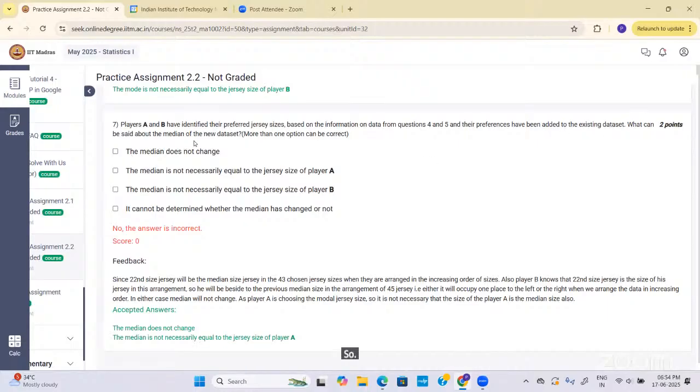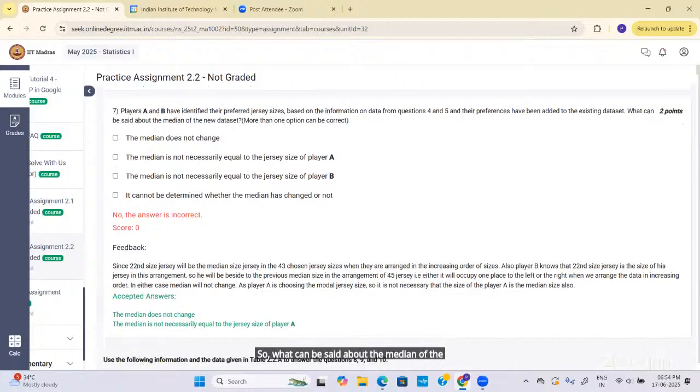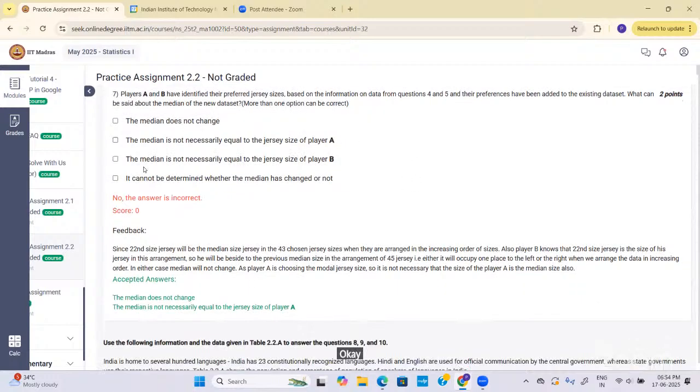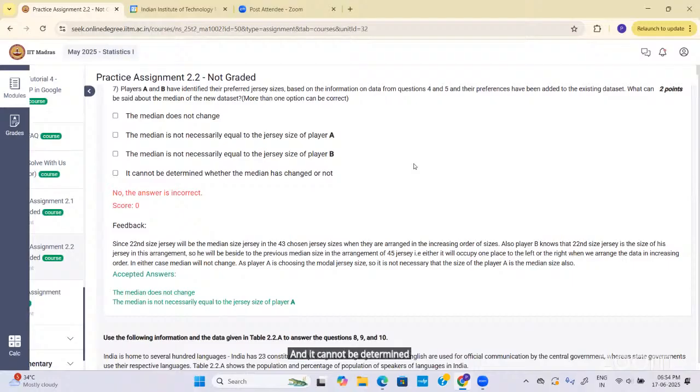So what can be said about the median of the new data set? So the thing is, median does not change, and the median is not necessarily equal to the jersey size of player A. The median is not necessarily equal to the jersey size of player B, and it cannot be determined.